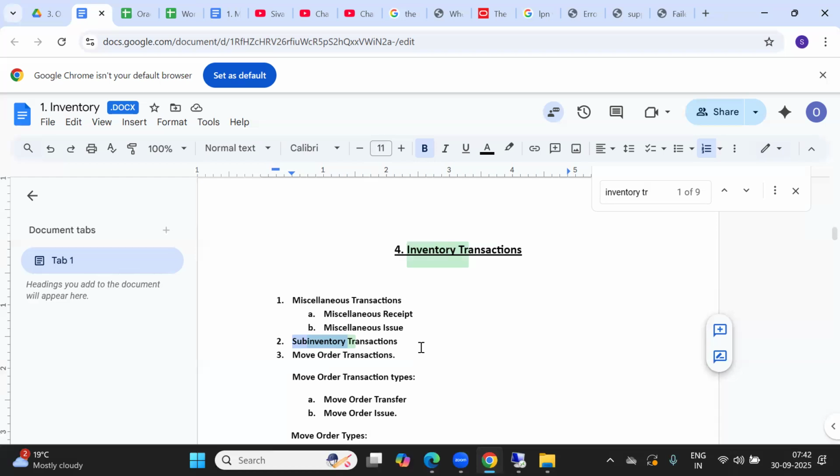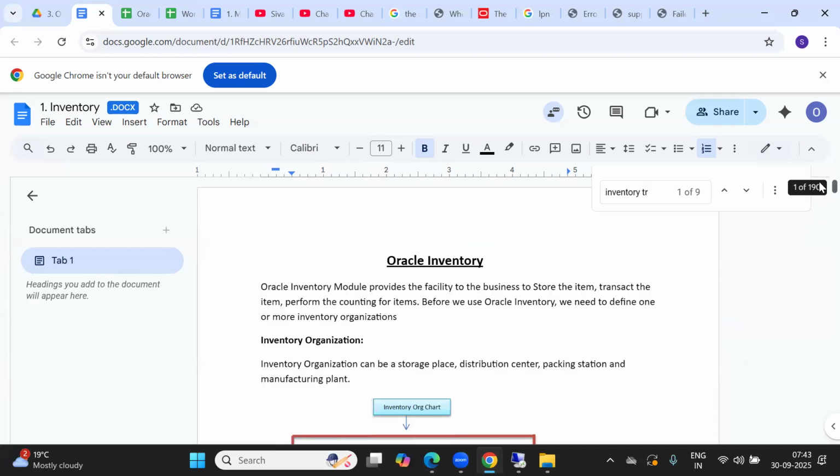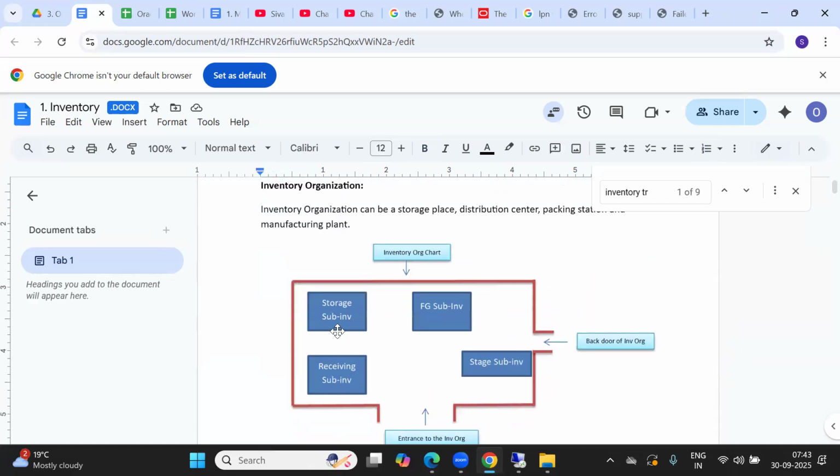Just to take an example of why they have to perform all this activity. Just assume initially there are 100 laptops in a storage place. Physically in the warehouse, they have transferred the quantity from the storage place to FG sub-inventory.